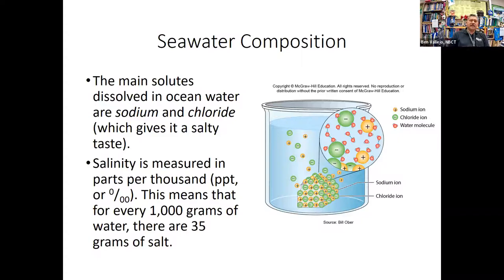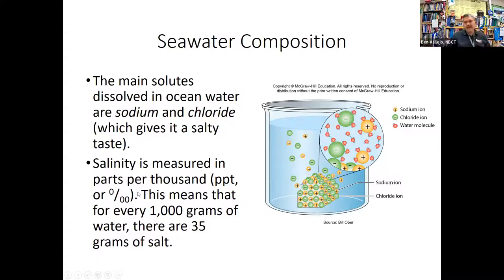Now, the concentration of that salt, the concentration of all the different solutes, of all the different minerals that are dissolved, is actually not given as a percentage, not parts per 100, but parts per 1,000. So this looks similar to the percentage symbol, but right here you have 2 zeros.